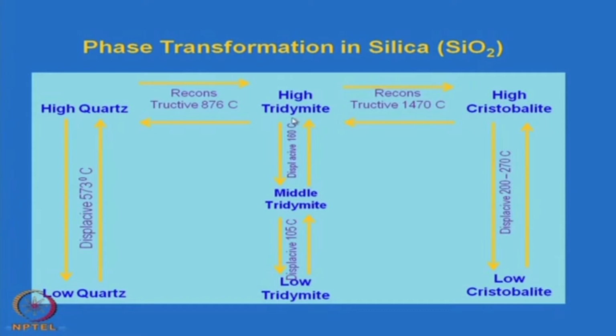There are some glass formations also, as you know. Silica is one oxide which easily forms glass. Once it forms a glass, then of course again the transformation becomes non-equilibrium, and then depending on the cooling rate and the other impurities present, many different situations may arise.